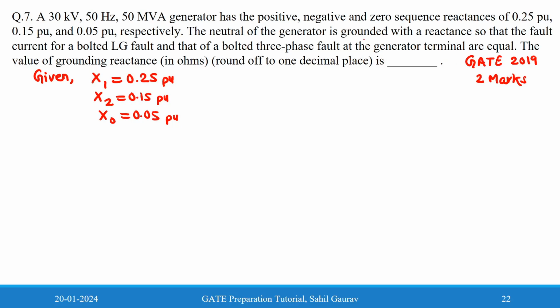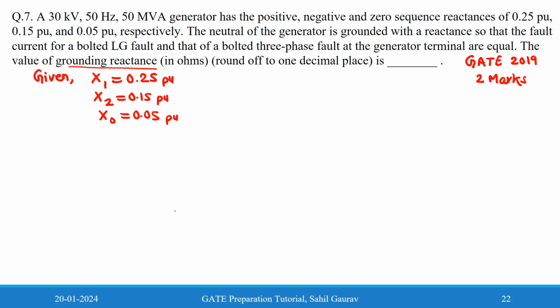The question is the value of grounding reactance. What value of grounding reactance should we keep so that the fault currents for an LG fault and a three-phase fault come out equal?